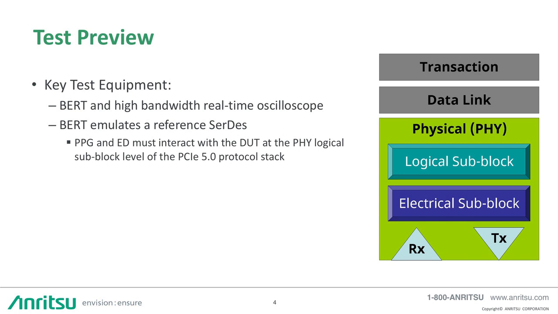The pulse pattern generator, the PPG, and the error detector, ED, must interact with the device under test, the SerDes, at the PHY logical subblock level of the PCIe 5 protocol stack. In other words, both the BERT and the scope must have some protocol awareness, at least at the PHY layer.